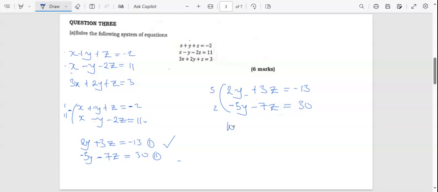So there it will be 10y on top. Then it's plus there, right?